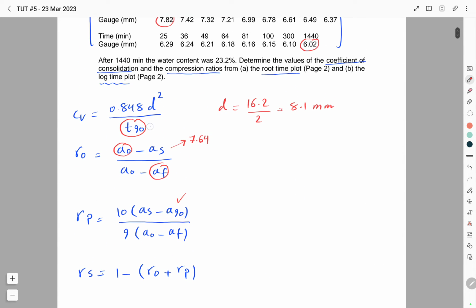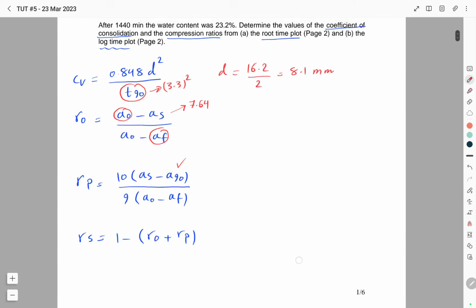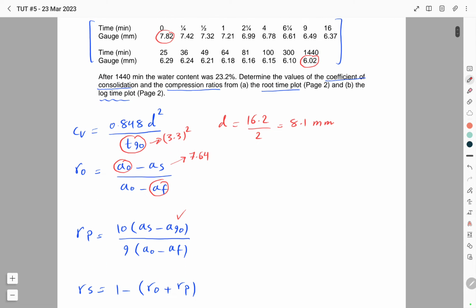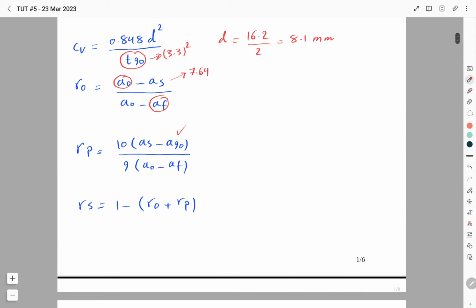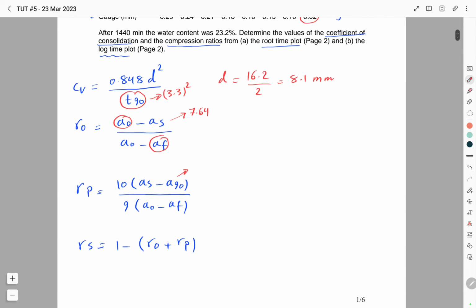So for T90, we have 3.3 to the power of 2. Remember that this value is the square root of t. And we have the value of A90, which is 6.45.